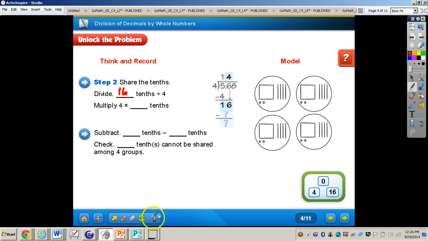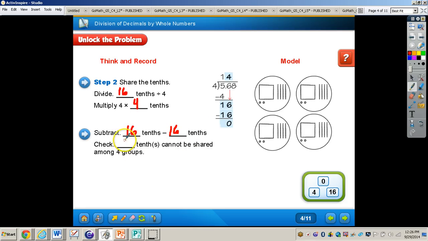We want to divide 16 tenths divided by 4, and we know that's 4. Then from here, we multiply 4 times 4 tenths, which is going to give us 16. After that, we subtract 16 tenths. You can see 16 minus 16 is going to give us 0.